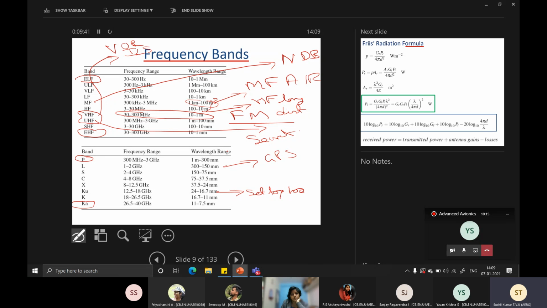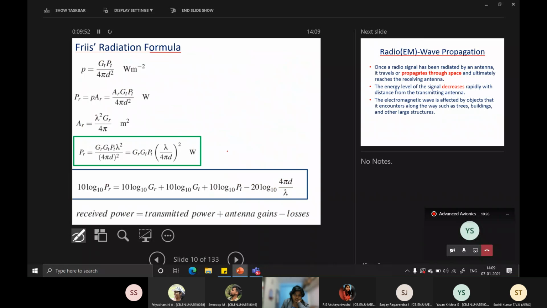Now we will see a very basic derivation today about what sort of power levels you can expect. So let's assume that we are having a transmitter which is having an antenna. This is the transmitter side, and you have a receiver here, distance being small d.